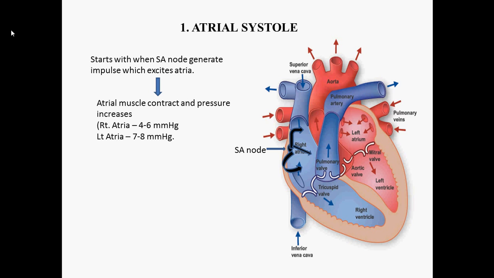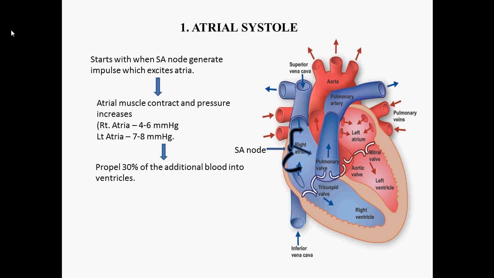Then that contraction is followed by propelling of 30% additional blood into the ventricles. Mention it, I have written additional blood. Additional blood means before this phase some of the blood, about 70% of the blood, has already gone into the ventricle, from right atrium to right ventricle, from left atrium to left ventricle.